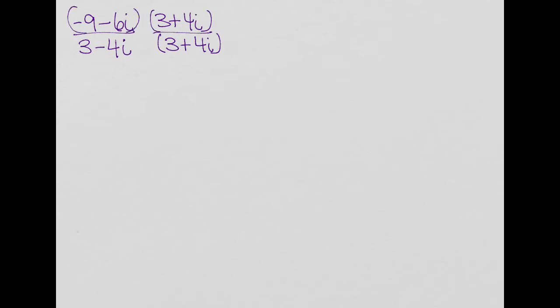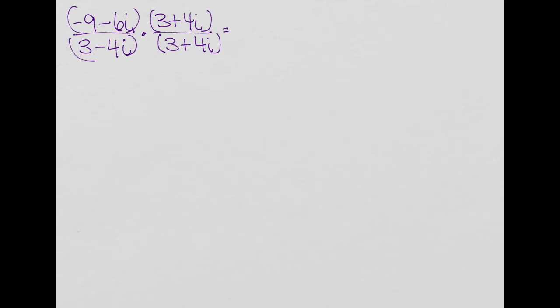So this one will be a little bit different. Okay, so again, we're dividing. We can't have an imaginary number in the denominator, so I'm going to multiply by the conjugate. It'll be 3 plus 4i. Do the same over here, 3 plus 4i. So I'm basically going to be FOILing each of these.